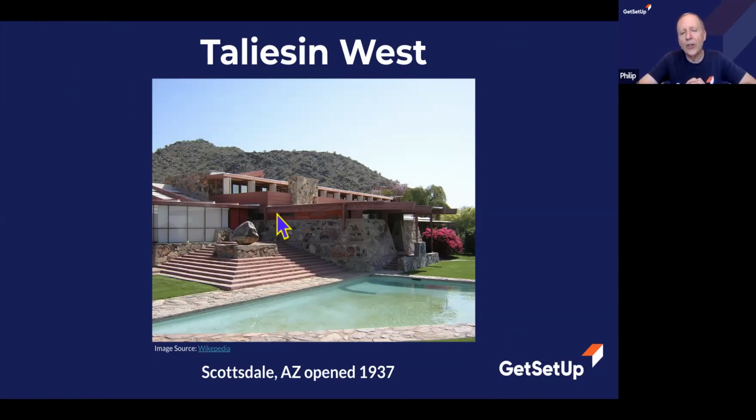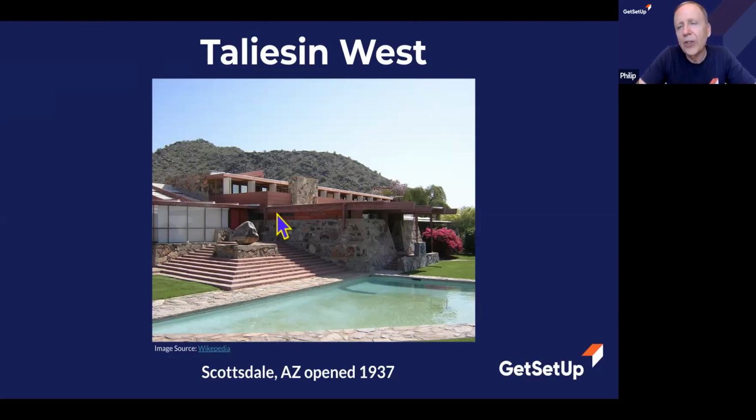So from 1937 until when he dies in 1959, basically he spends about half the year, like I said earlier, late spring, summer, and early fall in Wisconsin and Taliesin, and then spends the rest of the year here in Scottsdale at Taliesin West.